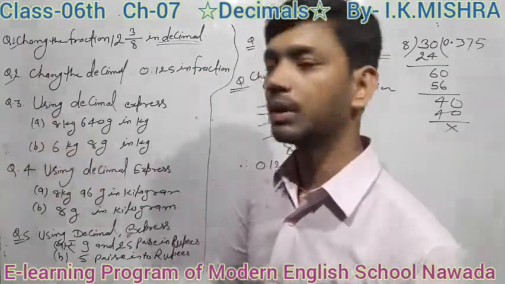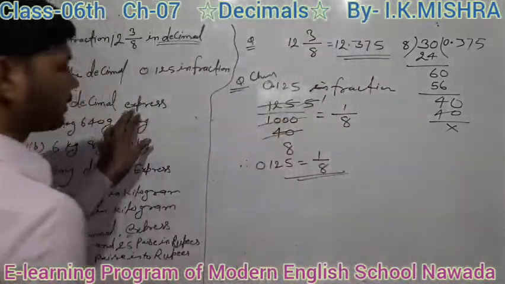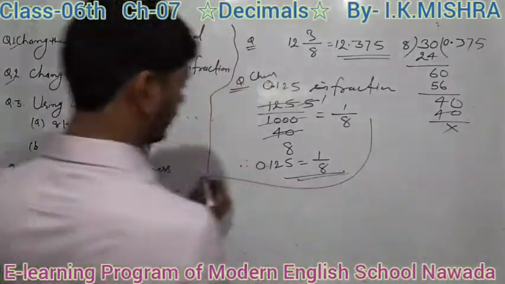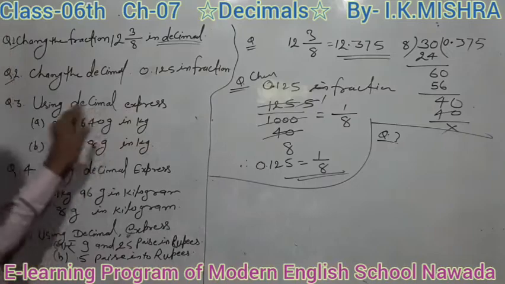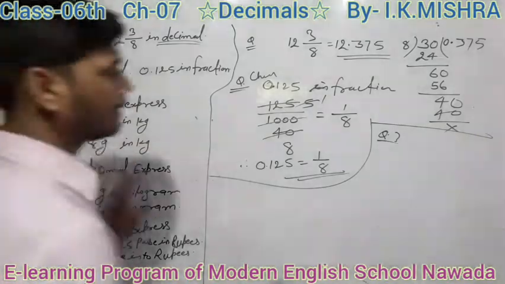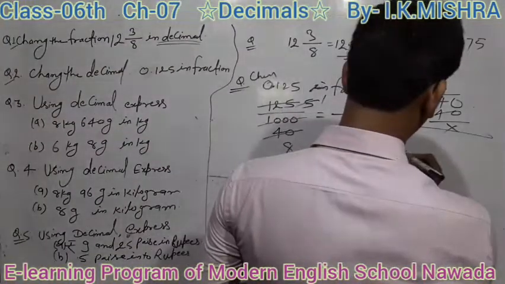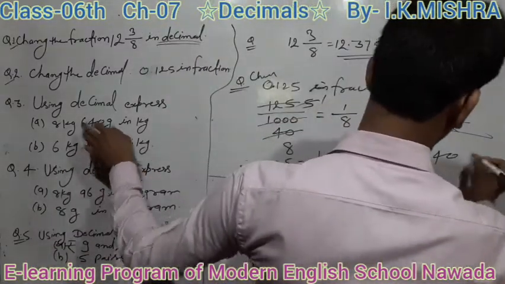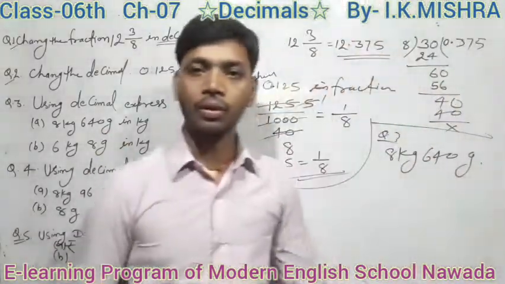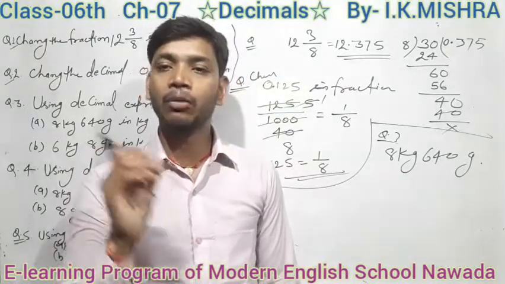Here in question number 3, using decimals, express 8 kg and 640 gram. Students, you know how many grams are in 1 kg?